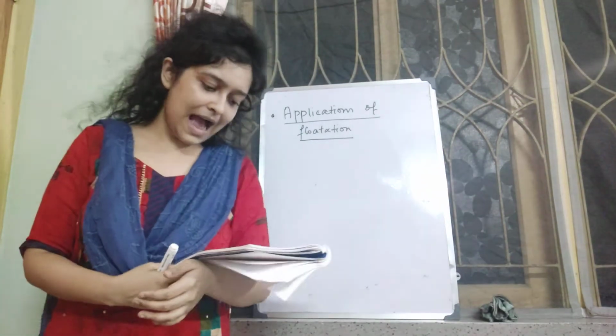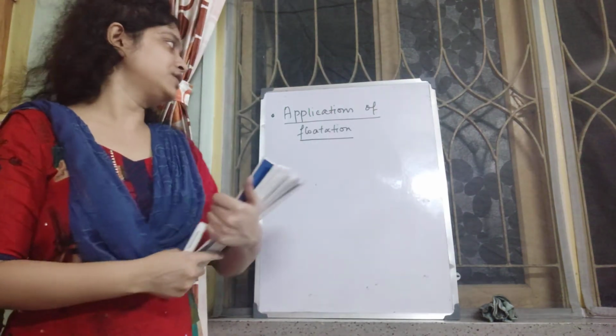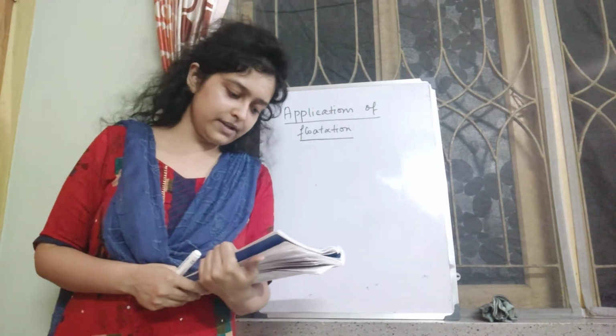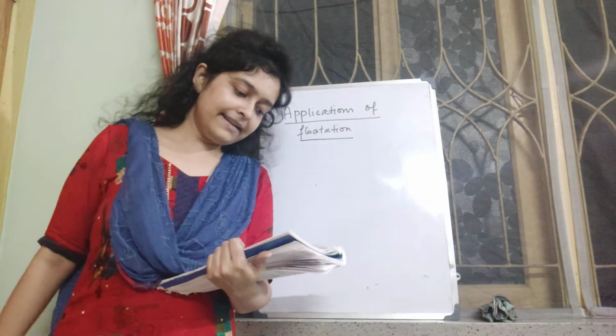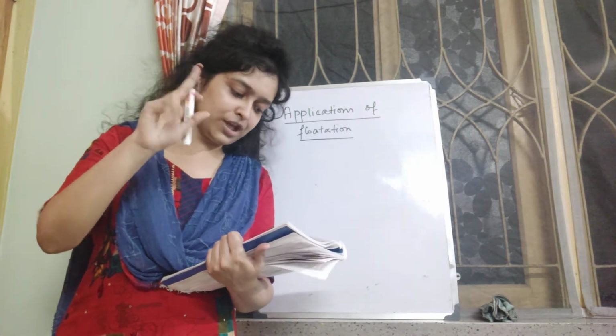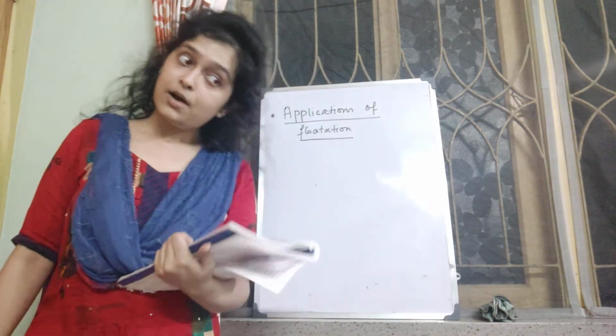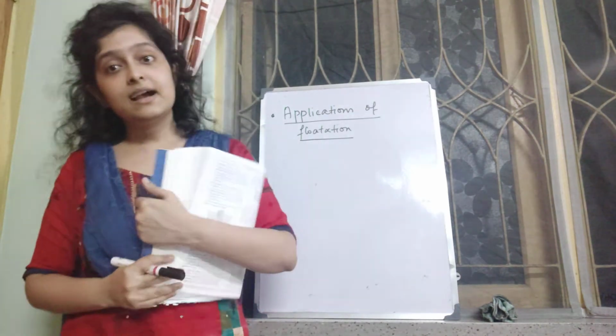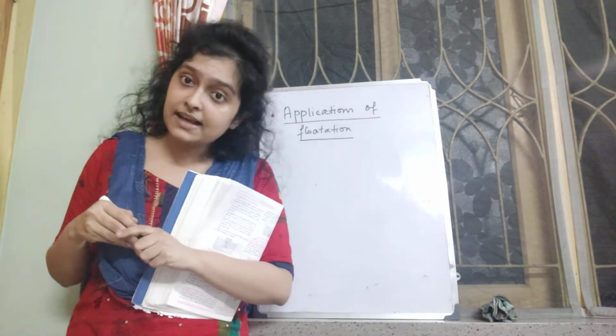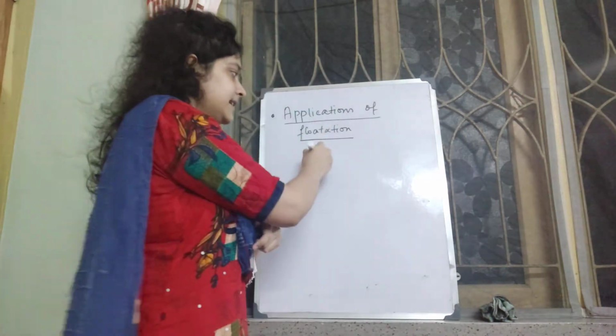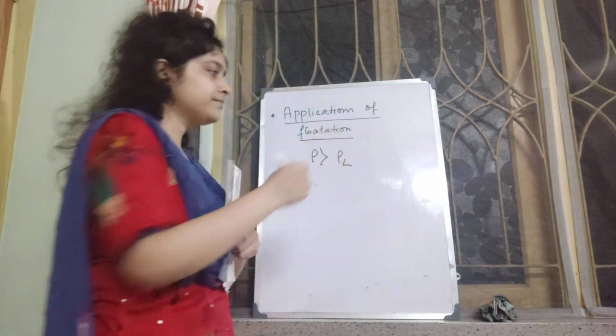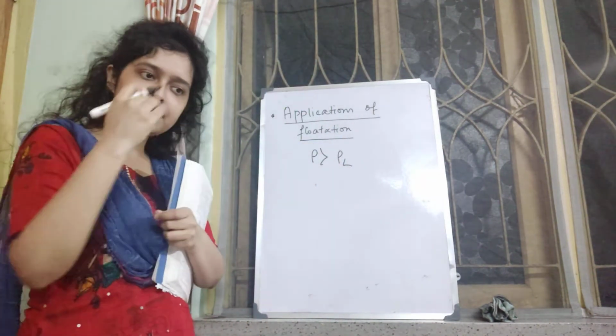Let's do the applications of the principle of flotation, okay? So the first one given in the book, iron nail sinks in water while a ship floats. Why? Iron has a density greater than water. So what will be the case? That's why iron nail will sink down.